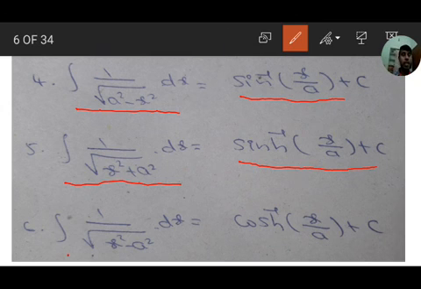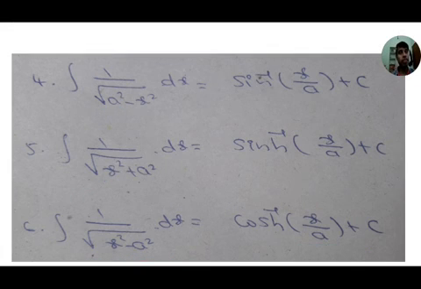And next one, integration 1 by square root of x square minus a square dx equal to cos h inverse x by a plus c.